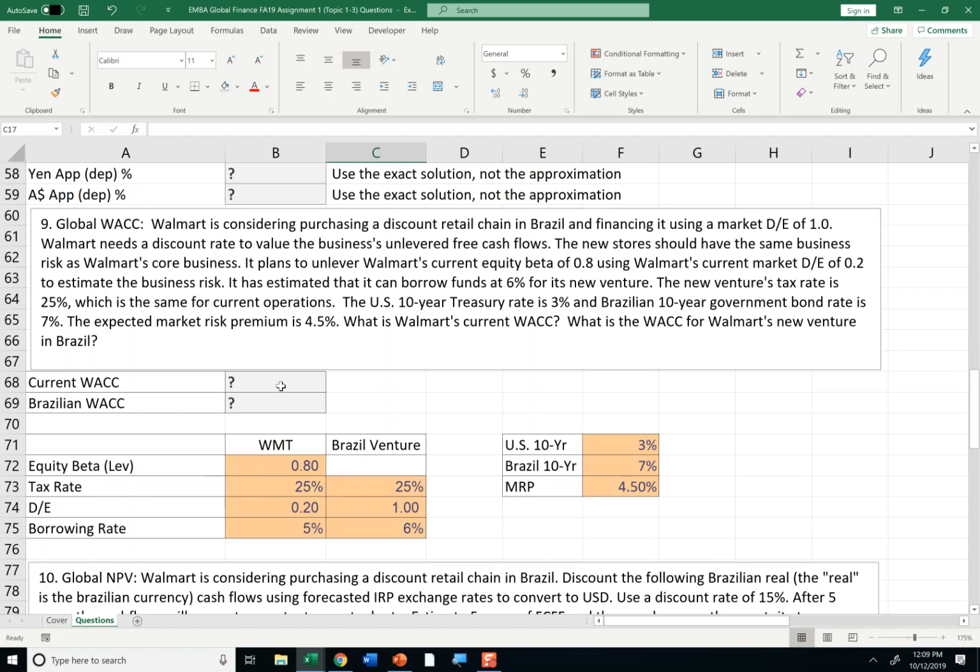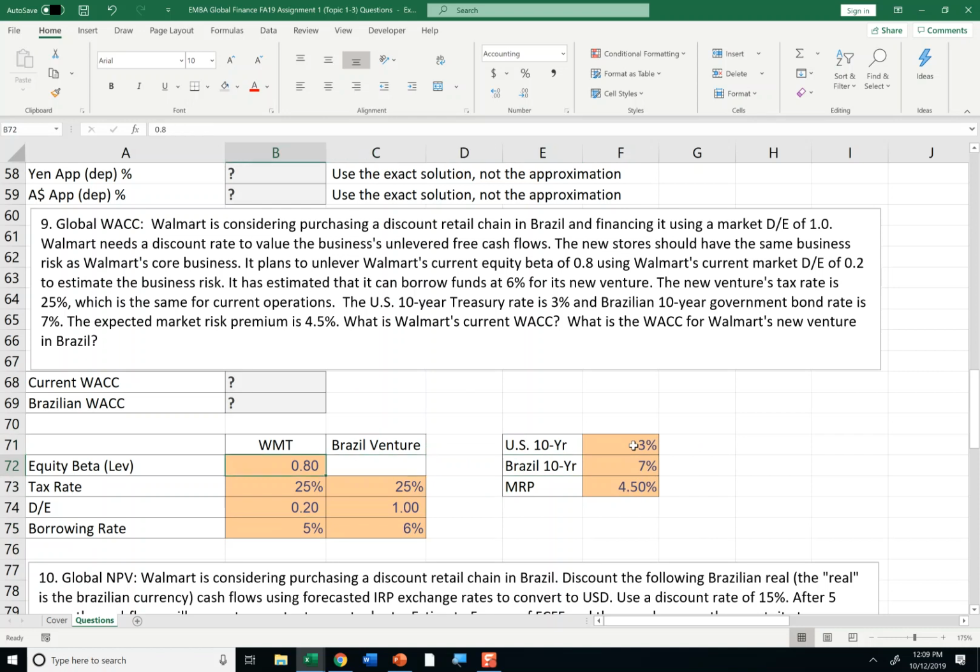Okay. What is Walmart's current WACC? I think that's just the simple formula, right? I first need to calculate cost of equity using Walmart's beta. So I'm just going to take the market risk-free rate, which was given up here, 3%, plus Walmart's beta times market risk premium.